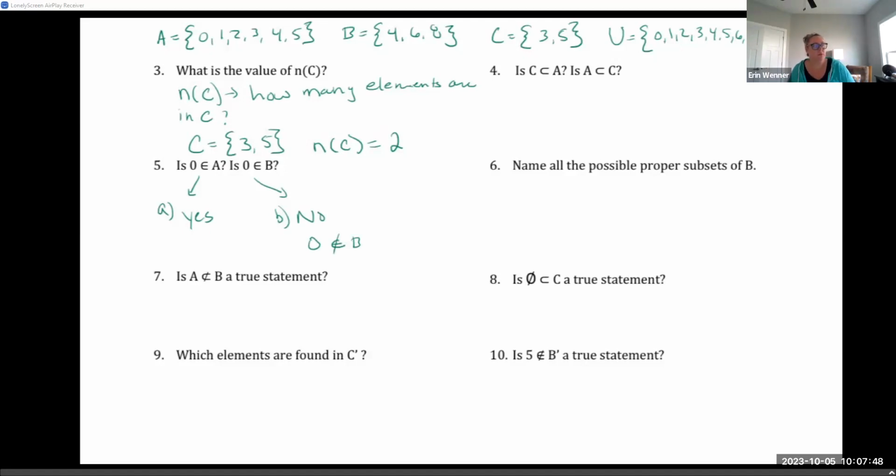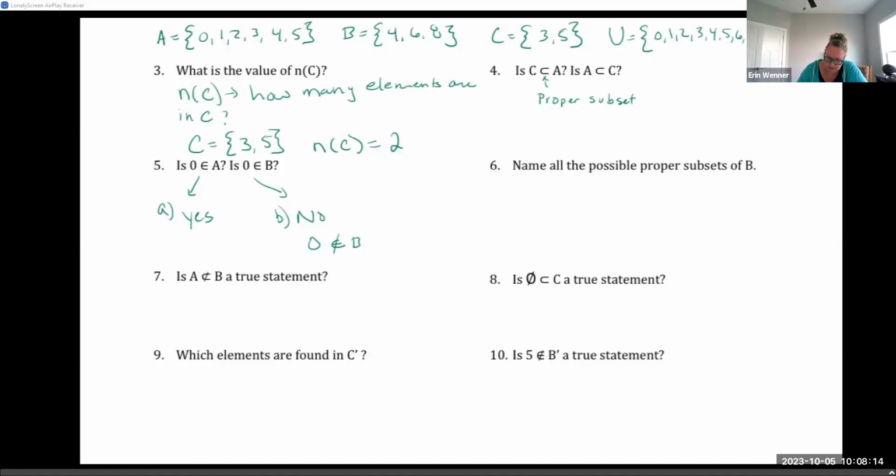Okay, so if we look at number 4, it says, is C a proper subset of A? Remember, this is proper subset. So when we think about proper subsets, they have to exist completely within the set, but they can't be equal.